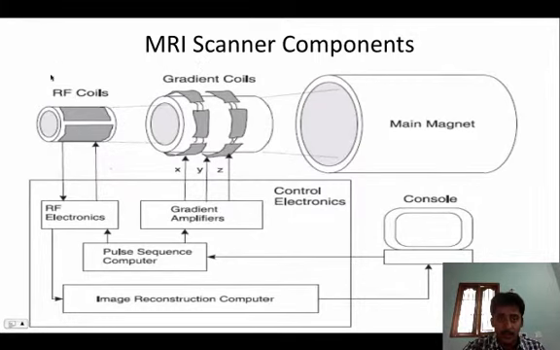And RF coils, radio frequency coils, are used to transfer energy to the protons as well as record the energy emitted from the protons. This is controlled by RF electronics, so we have a bidirectional system here, to record as well as send energy. Then we have the pulse sequence computer, which is controlled by a computer, and image reconstruction.